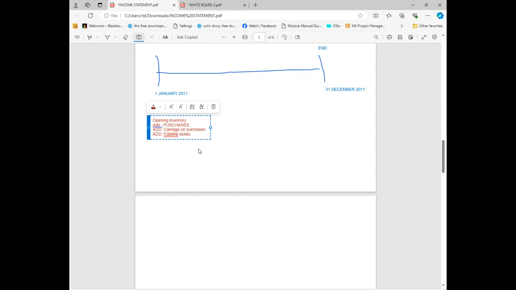Like if they charge you transport on purchases, you add that transport. Can you see that? And then sometimes you've got something called import duties. Are you still with me? I'm just giving examples, but as long as you know that that is related to the purchases. And the last thing, like you said, we are going to less.